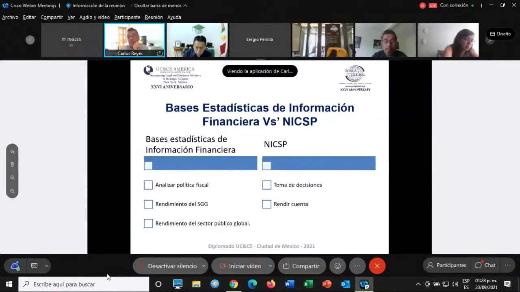Now, if we compare financial information statistics against NICSP, the general government sector takes into account for composition financial information statistical basis, which wants to show the analysis of the fiscal policy, how it has been made, and how governments have achieved their goal of fiscal policies, and the general government yield, and also the public government sector.